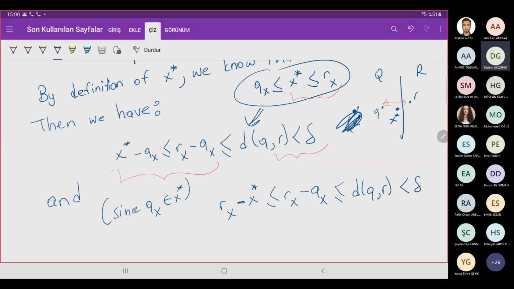Qx is less than or equal to X star means that minus X star is greater than or equal to minus Qx. So if I subtract X star from each of them, Rx minus X star is less than or equal to Rx minus Qx. So that is delta.